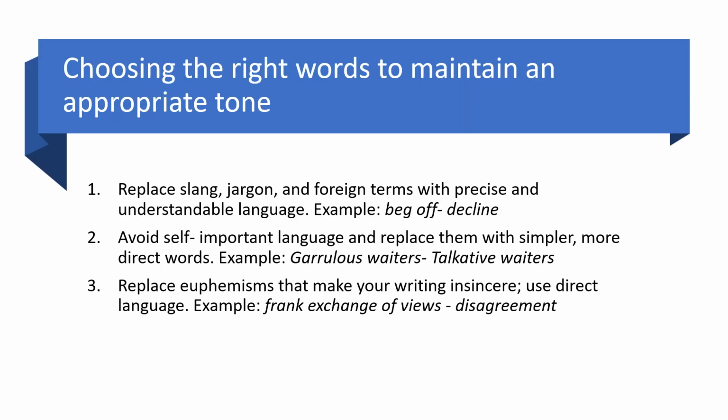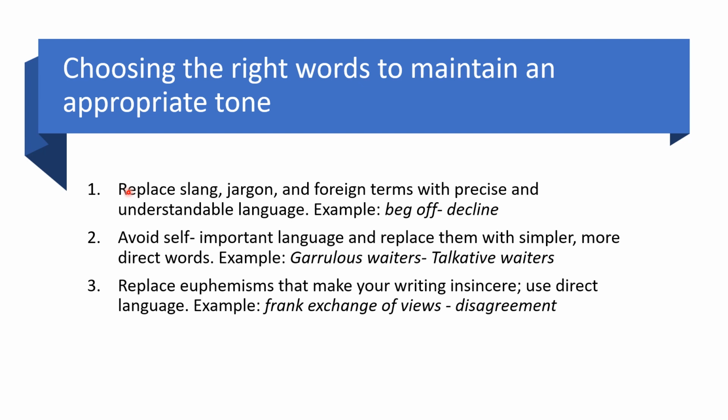Okay, so how to maintain an appropriate tone? First rule is that you should avoid words that may not be understood, such as slang, jargon, and foreign terms. Slang is the informal language of a particular social group, while jargon is the specialized vocabulary of a profession or occupation.